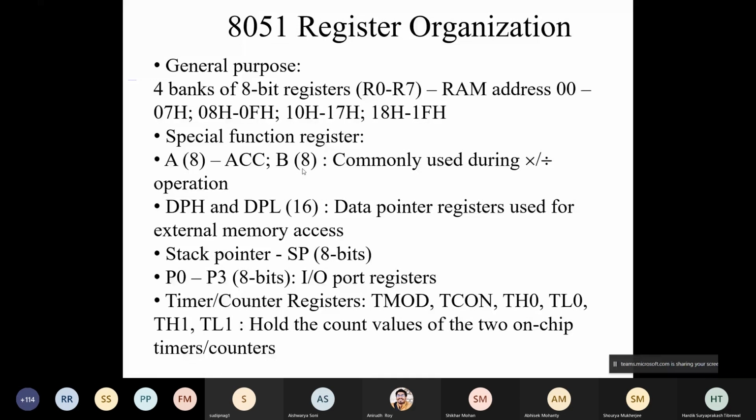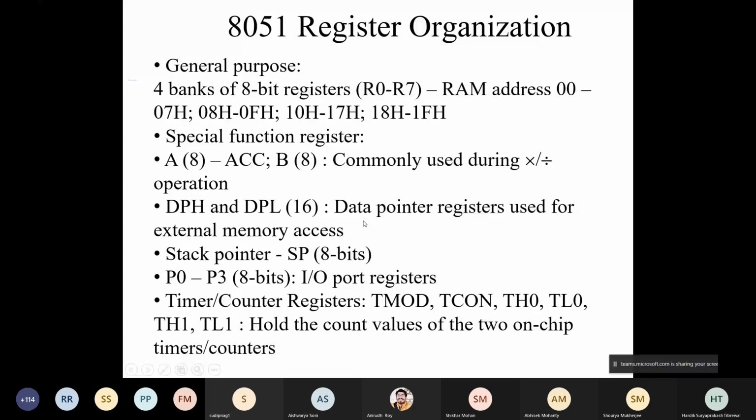We discussed dual data pointers, and I said data pointer is a 16-bit register inside the microcontroller that points to the RAM area, somewhere in the RAM space. Okay, so up to 64 kilobytes memory addressing capacity exists because data pointer is 16 bits. And 8051 by default is an 8-bit processor or microcontroller. So for an 8-bit microcontroller the data bus is 8 bits.